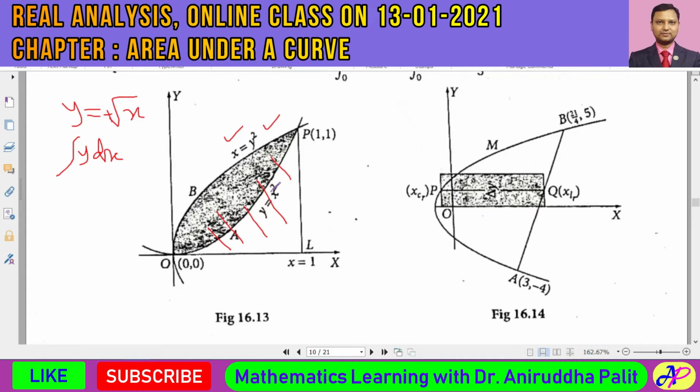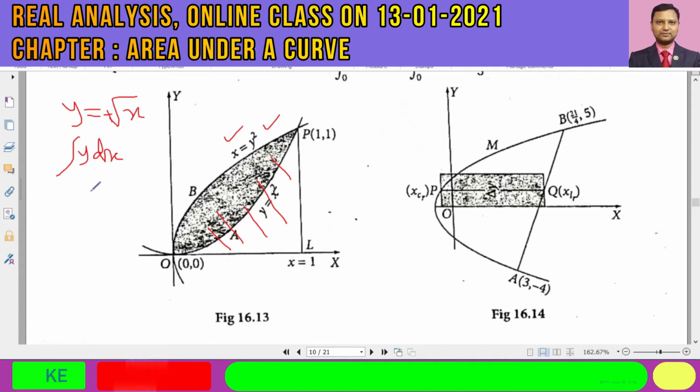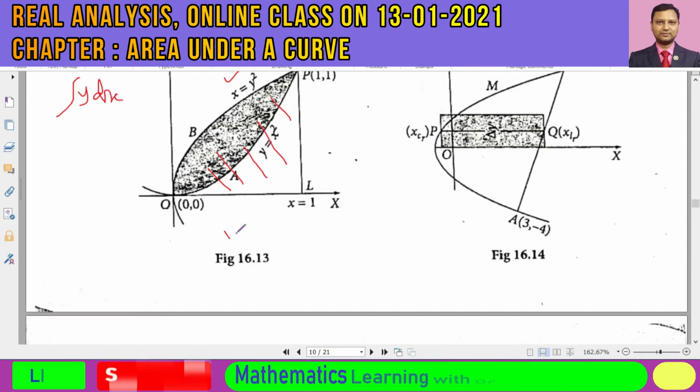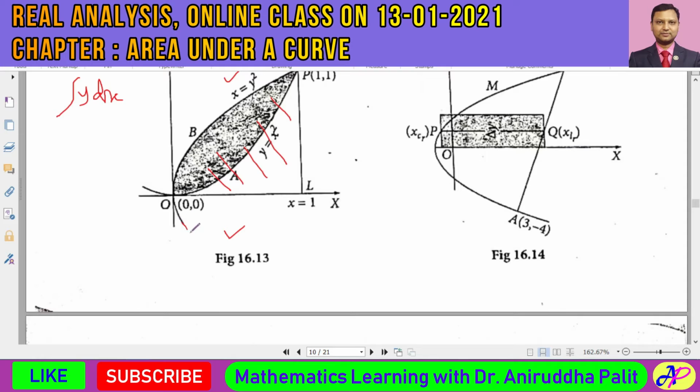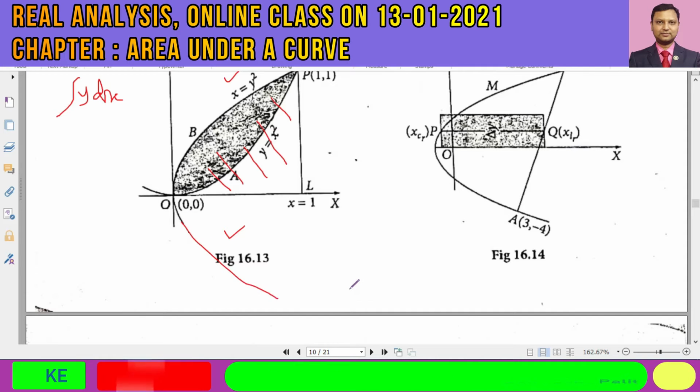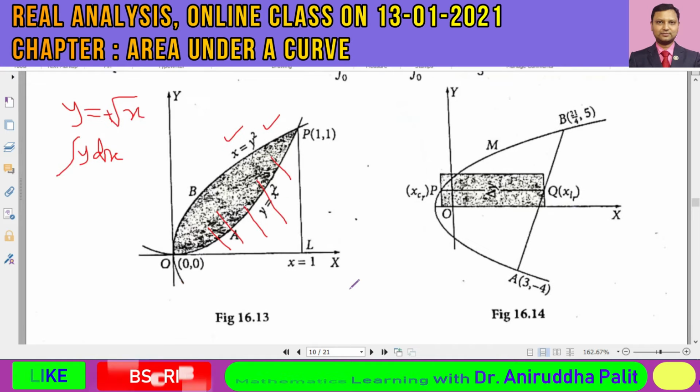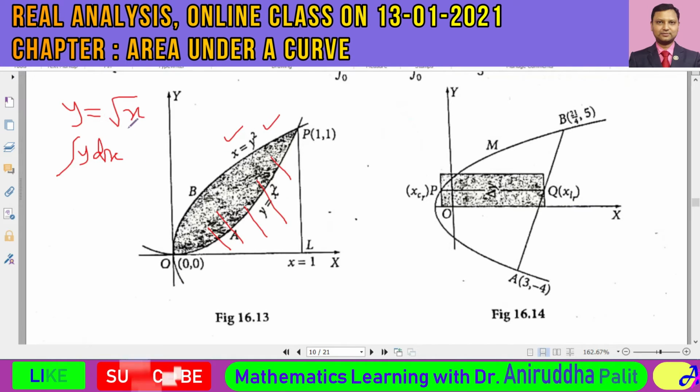y is equal to minus root x would hold for the lower quadrant, that means the fourth quadrant, if any computation is to be performed in that region at all. Anyway, we'll consider the positive square root of x.